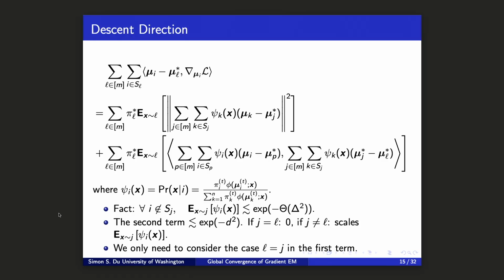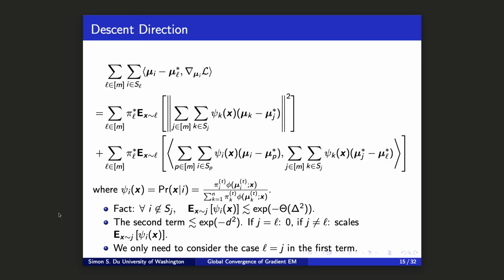So the intuition is, let's say this I is far away from some ground truth mean. Because we have very large separation, and because we have this Gaussian density function, it's a sub-Gaussian curve, so it's actually exponentially small.